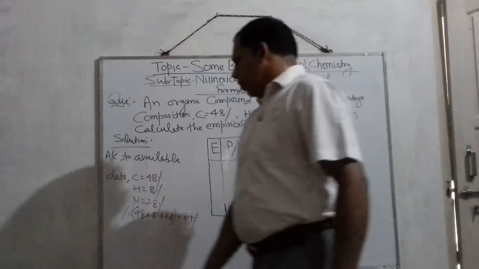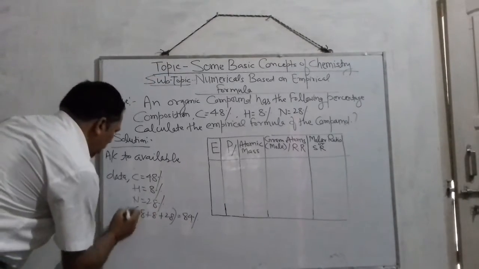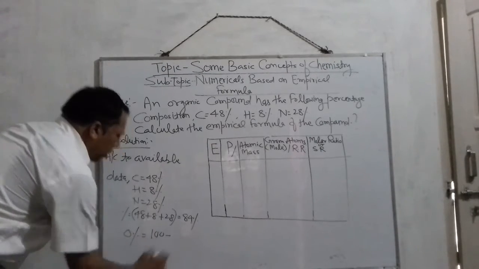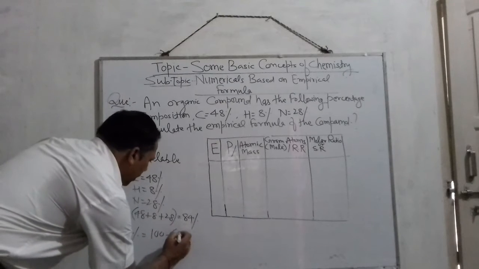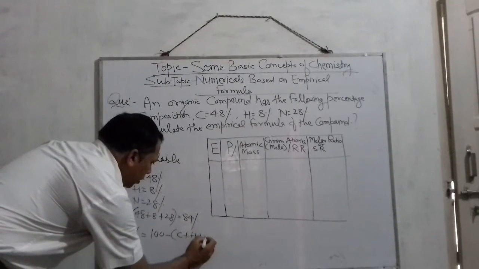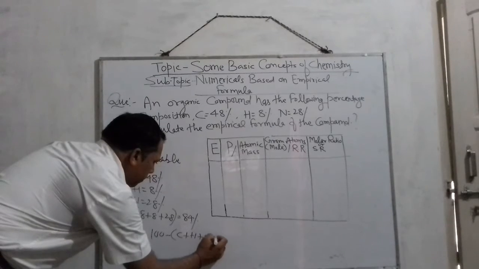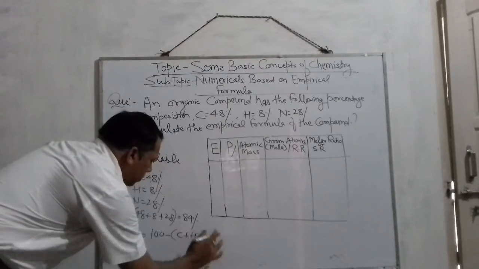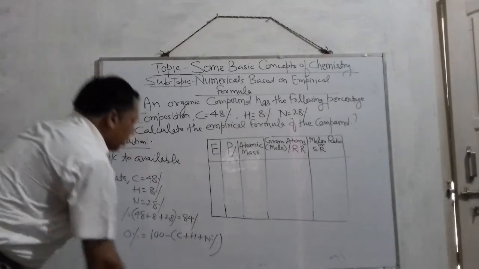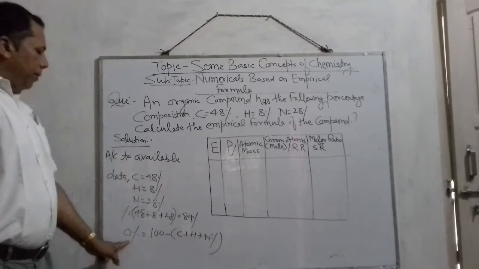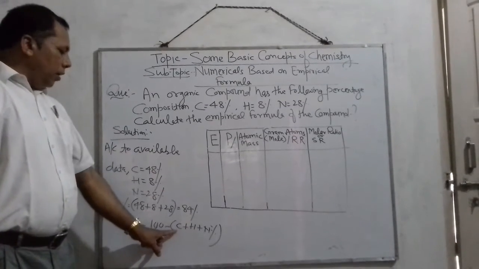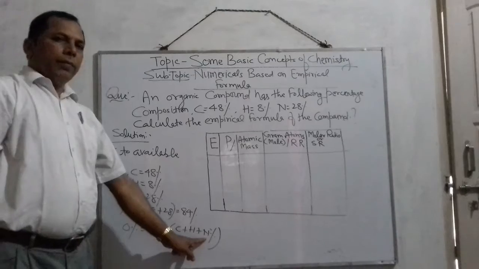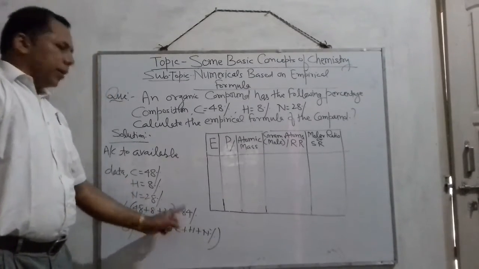Point clear, children? So the percentage of oxygen will be calculated as 100 minus the sum of the percentage of carbon plus hydrogen plus nitrogen, and that sum is coming to 84%.